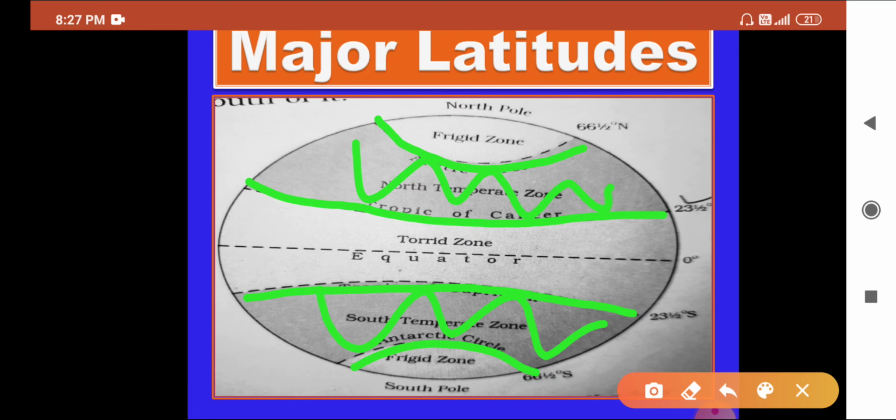You have to understand that the part which is in the northern hemisphere is called north temperate zone, and the part which is in the southern hemisphere is called south temperate zone.